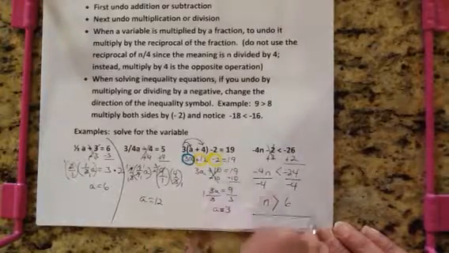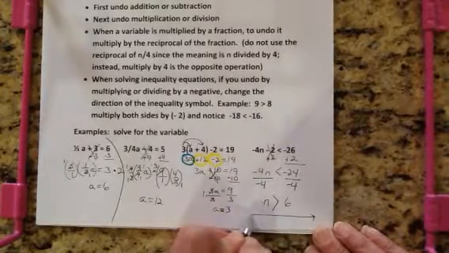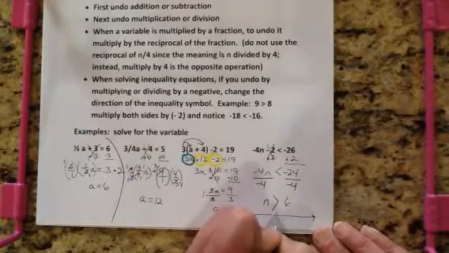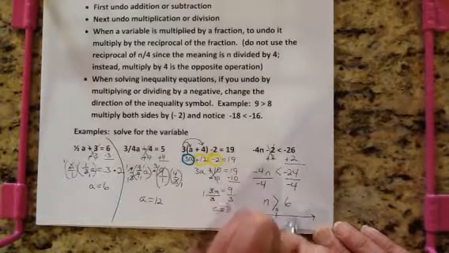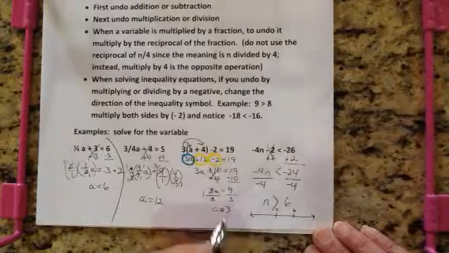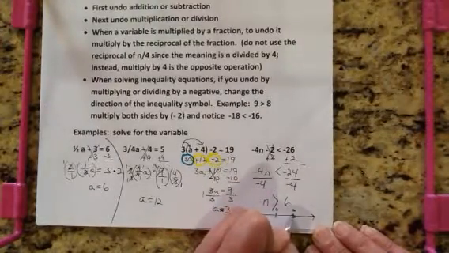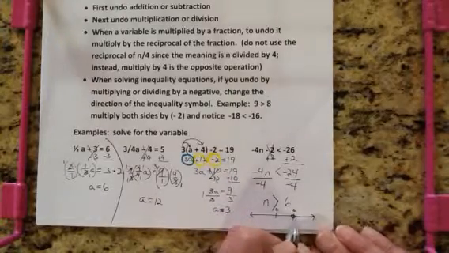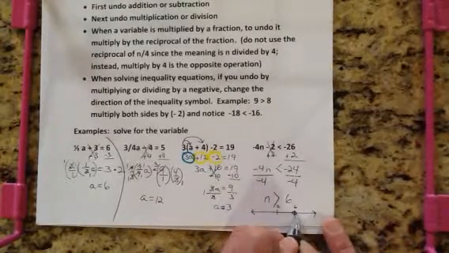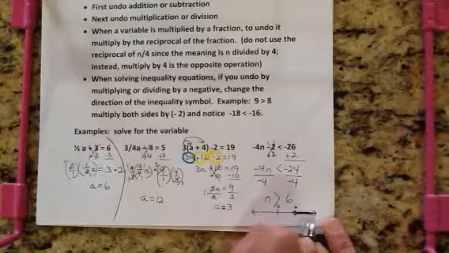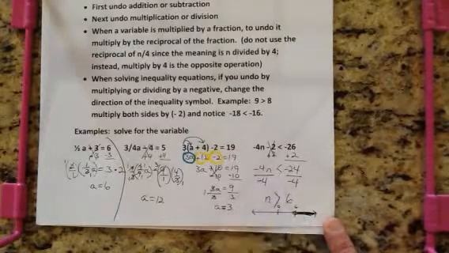And one thing that can help you know your solution set is to graph it. So I have 0 here, I have 6 here. If it's greater than, we use an open circle on the number line to indicate that 6 is not included, but everything greater than will be.